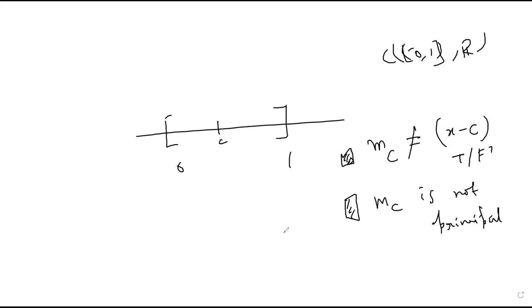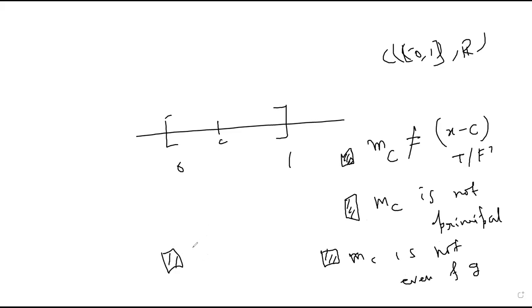Can you give an example why it is not? Suppose, yeah, right. What you can actually show is that M_c is not even finitely generated. These are stronger results: M_c is not even finitely generated.